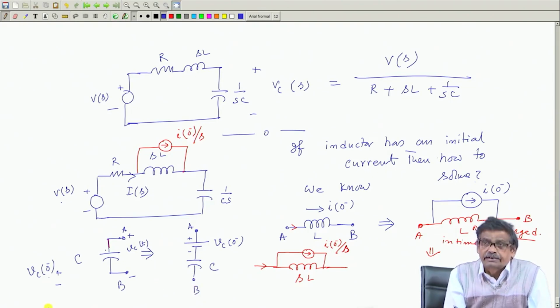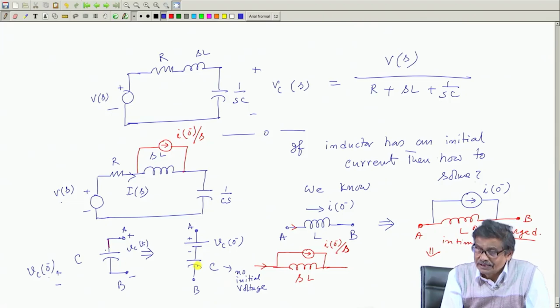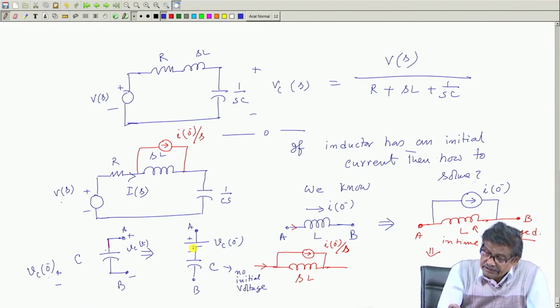And this will be the description of the capacitor between points A and B. Only one capacitor is connected, but it had got some initial voltage. Then between points A and B, I will say this capacitor with no initial voltage, in series with a constant voltage Vc 0 minus in time domain. If this capacitor has also got some initial voltage in this example, then what should I do? In S domain, how will this look?